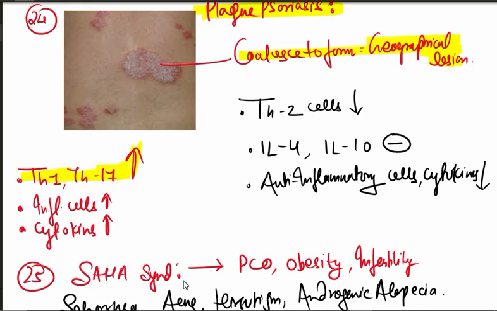Inflammatory cells and cytokines will be increased. But what decreases in plaque psoriasis is T helper 2 cells. Interleukin 4 and 10 will be almost absent. Anti-inflammatory cells and cytokines will be decreased.